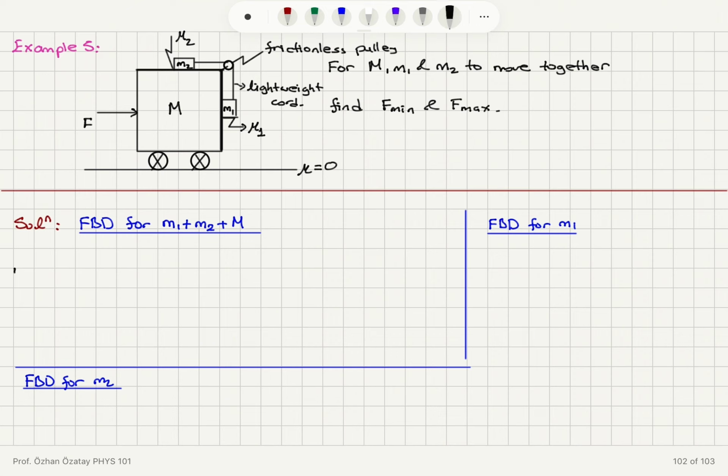Okay, so I start with the free body diagram for the combined system M1 plus M2 plus M. So this is my x-axis, this is my y-axis, and here is the combined system, feeling the force F to the right, the total weight pointing down.